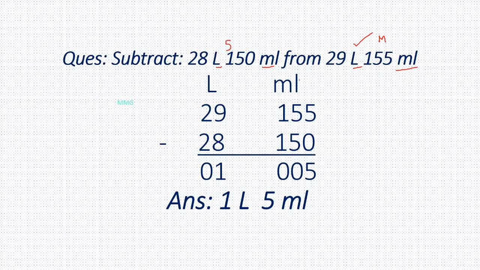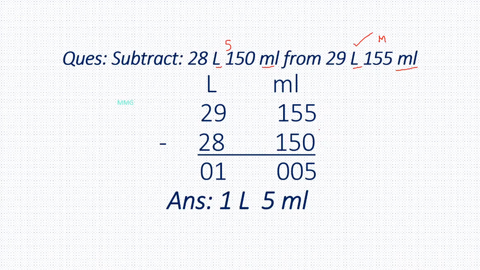So liter and milliliter I have written, and you can see here because this is minuend, this one is the bigger capacity. So before liter we have 29, so I have written 29 under liter column, and before milliliter we have 155, so I have written 155 under milliliter column. Now look here children, here we have 28 before liter, so I have written 28 under liter column below 29, and 150 before milliliter, so I have written 150 under milliliter column below 155.